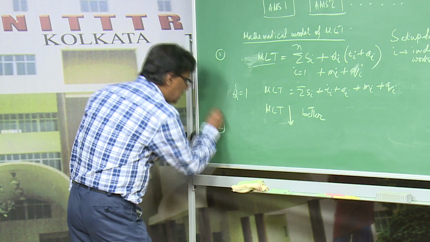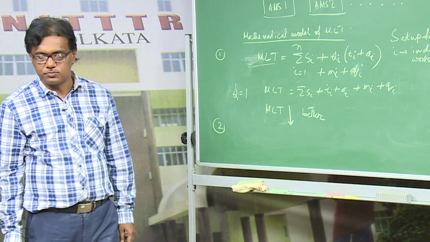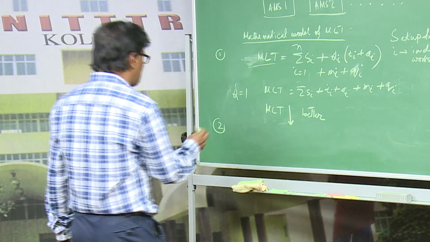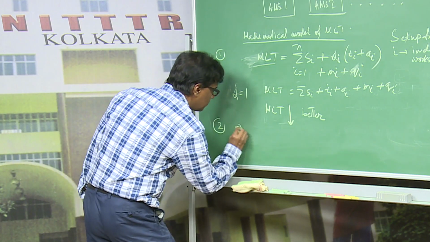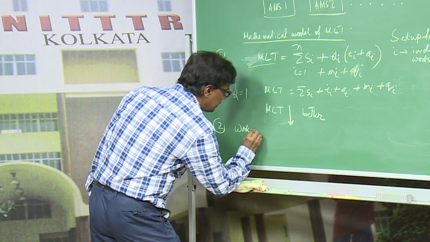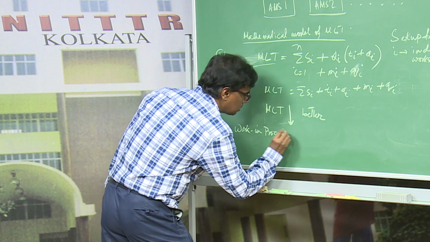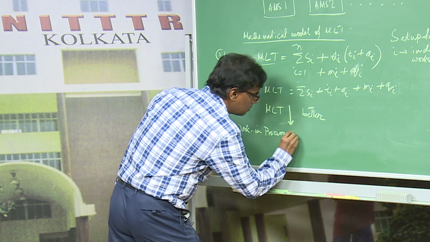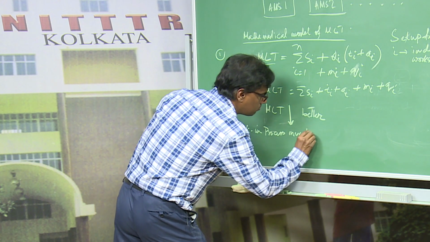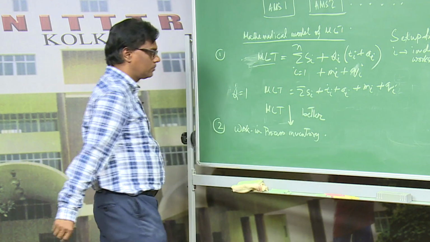Now, the second performance measure is work in process inventory. What does it mean?